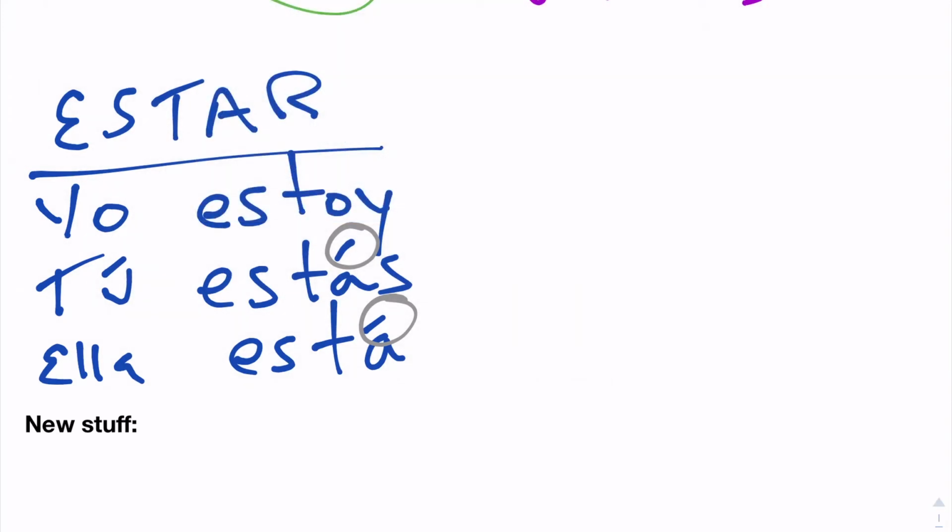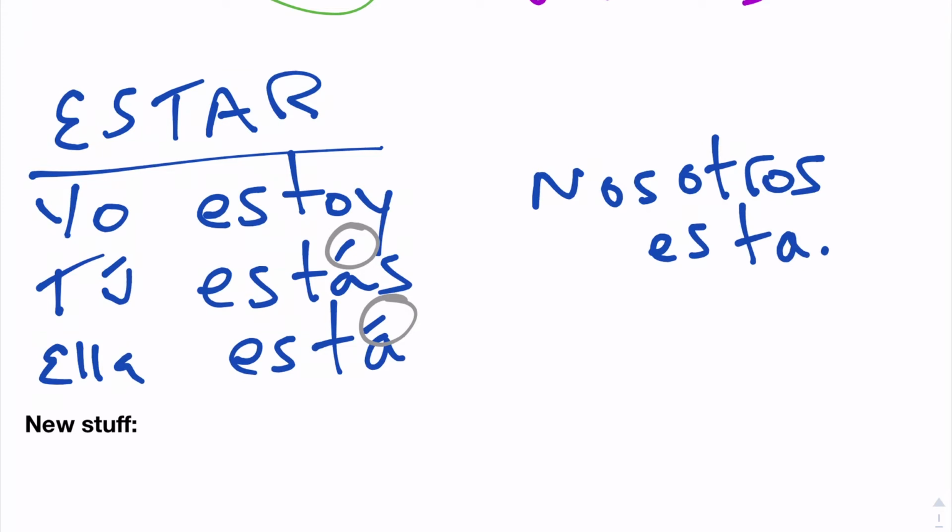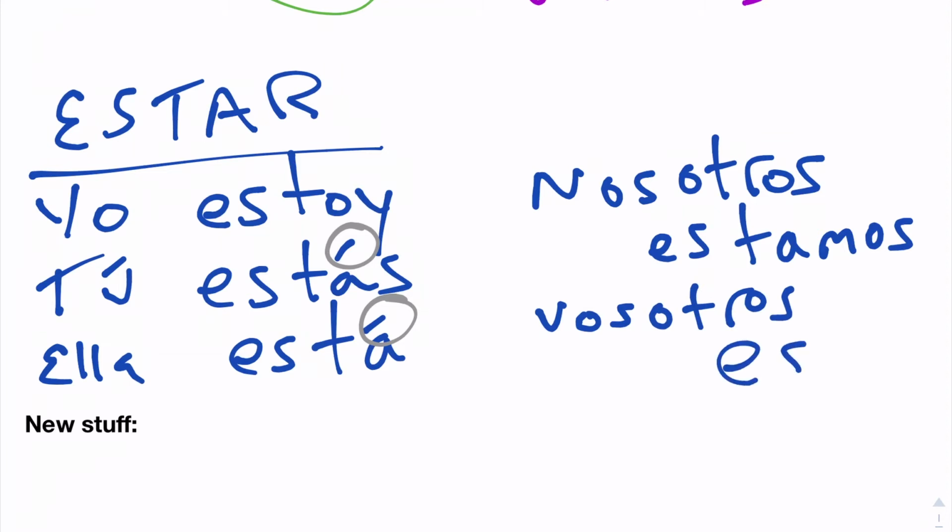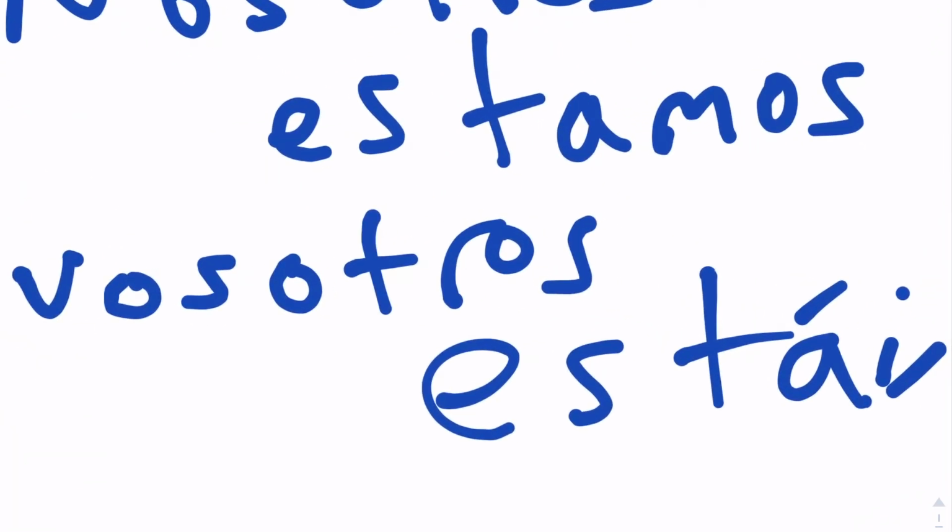Continuamos con la forma de nosotros. Would be estamos. Vosotros estáis. That is an S there. Let me fix that up. There you go.